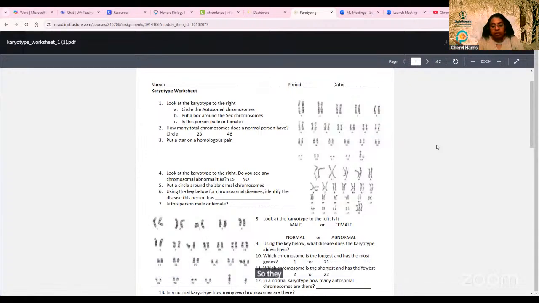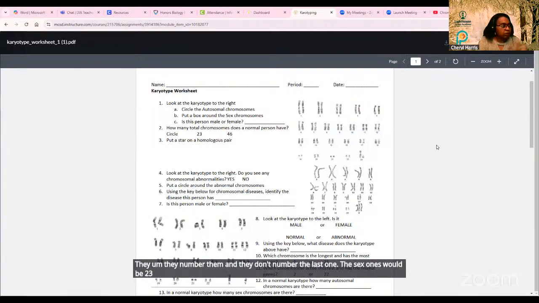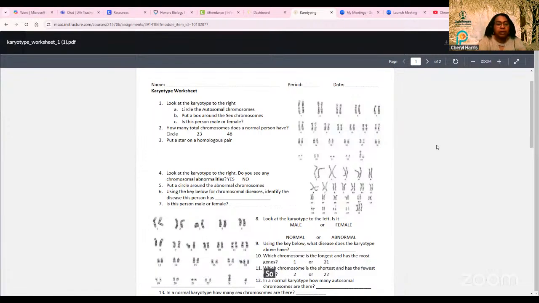They find the ones that are alike and they put them together and they number them. And they don't number the last one. The sex ones would be 23, but they just label them as XX or XY. So that's the numbering. All right, so let's look at the questions.